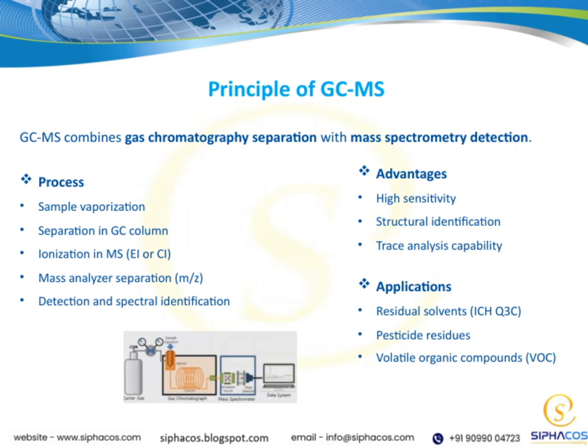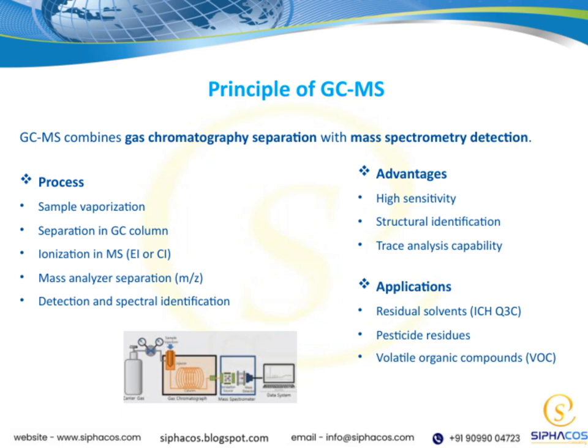The process begins with vaporizing the sample so it becomes a gas. Then, this vapor is injected into the GC column, where separation occurs based on different affinities of compounds to the column material. After separation, molecules are ionized in the mass spectrometer, either through electron ionization, EI, or chemical ionization, CI.